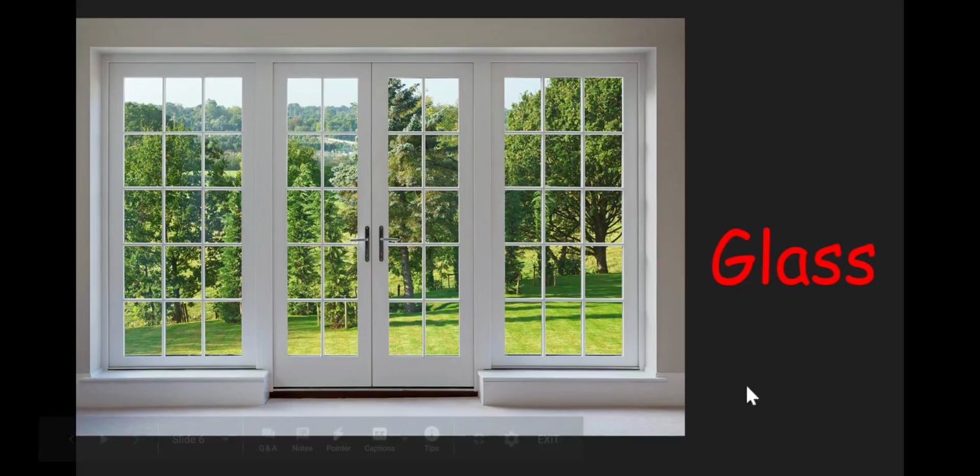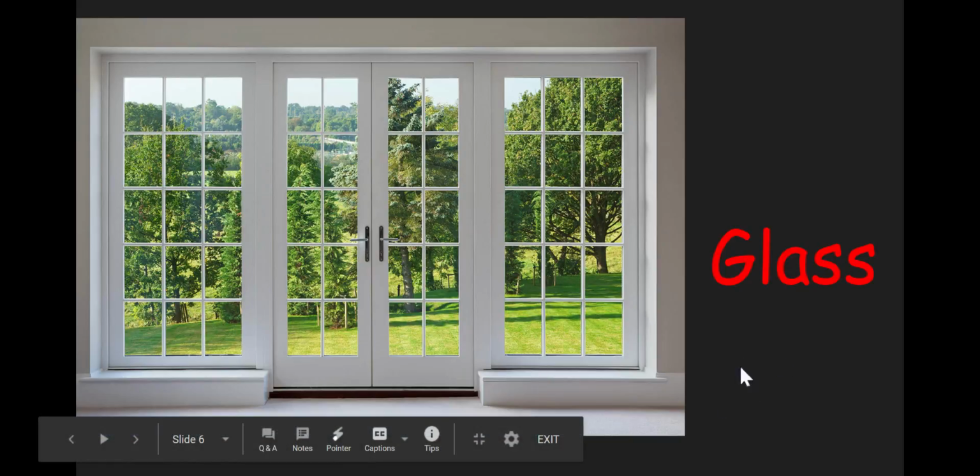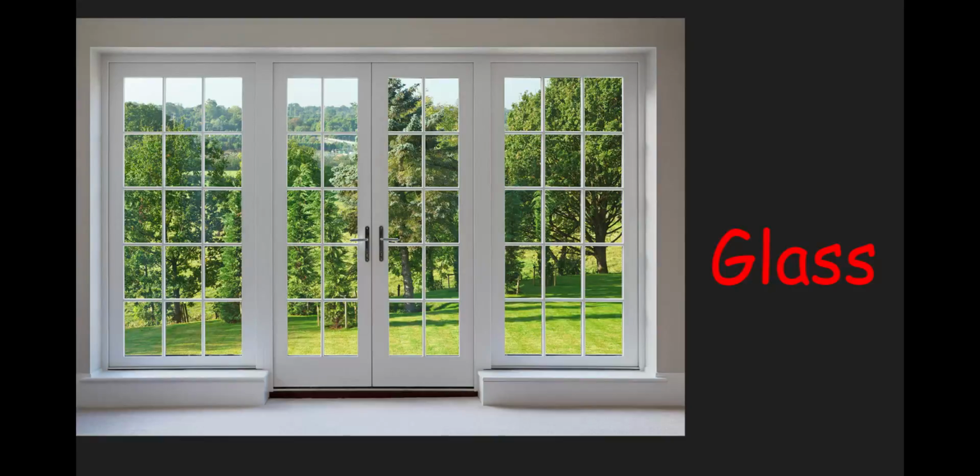Most of this window is transparent, right? So why is this window transparent? Because you want to be able to see out of it, okay? So certain things are made of the materials that they are made of because they serve a purpose. So like this window, the purpose is to be able to see out of the windows, right?